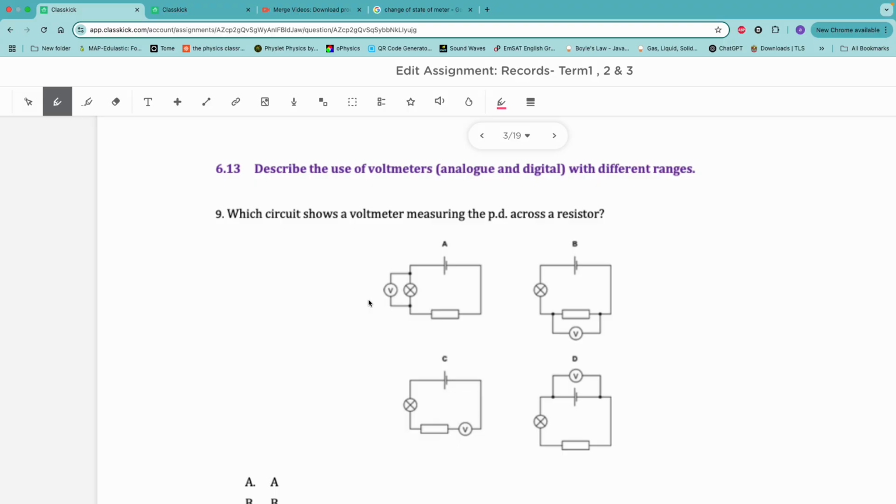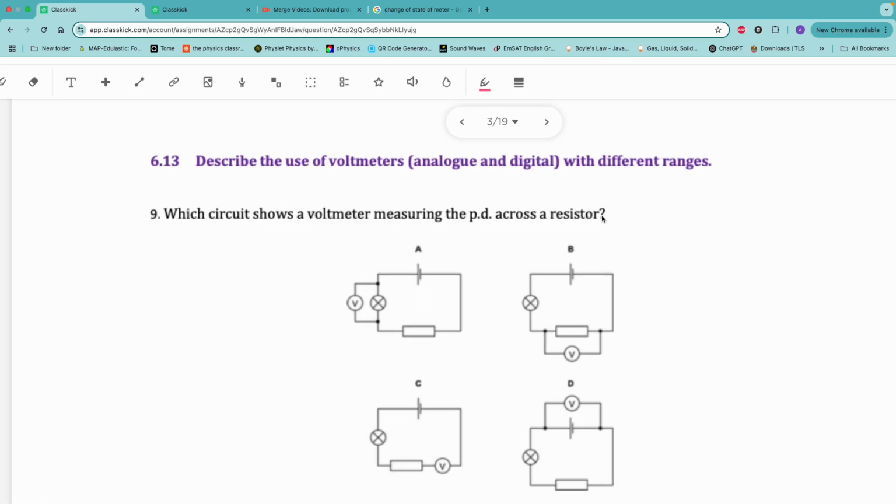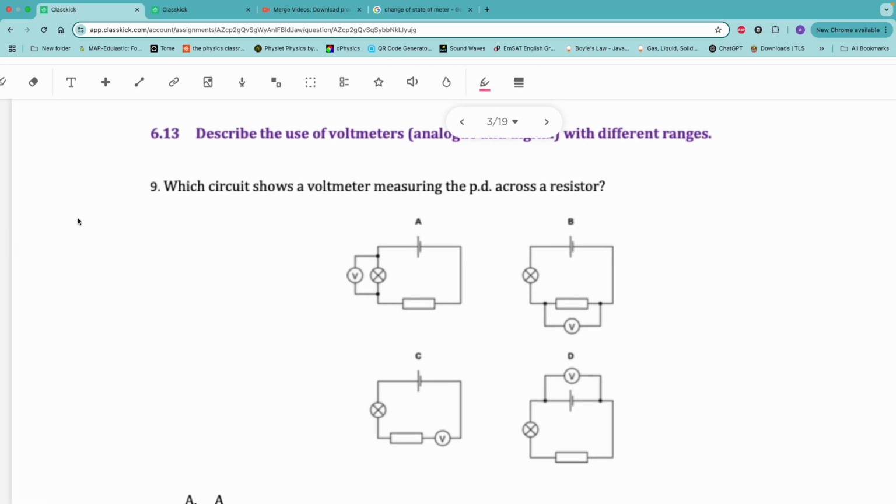Which circuit shows a voltmeter measures the potential difference across the resistor? We agreed before that voltmeter has to be connected in parallel, while ammeter has to be connected in series. So this is series.